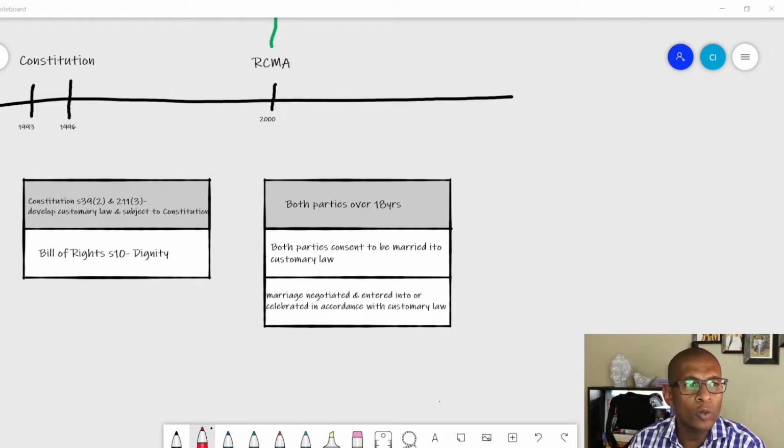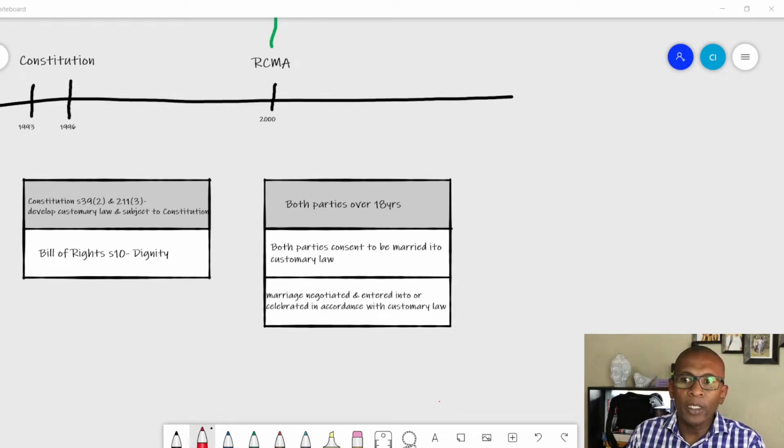The first two sections I want to highlight are Section 39(2) and Section 211(3) of the Constitution. Without going into detail, Section 39(2) talks about developing the customary law as the court interprets and applies it. The second is that whatever laws are applicable in the state are always subject to the Constitution.